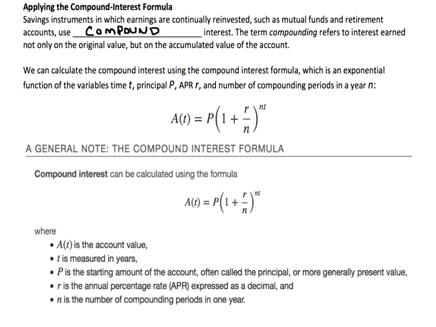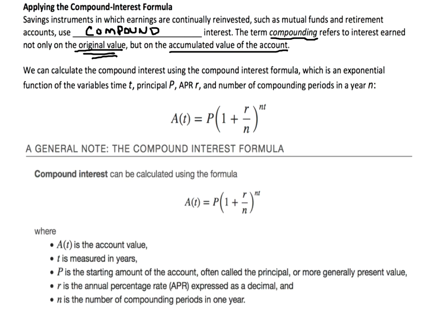The term compounding refers to interest earned not only on the original value, but on the accumulated value of the account. So for example, let's say I have a savings account that pays me 10% interest per month, which is just ridiculous to even think about, but the numbers are simple to work with.